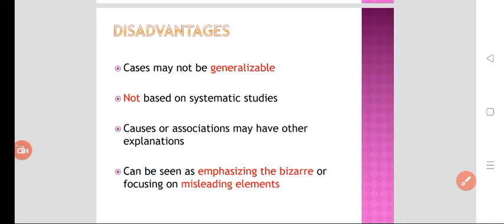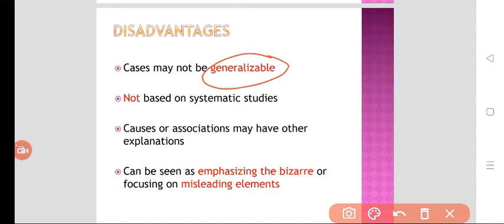But everything has its own disadvantages. Cases may not be generalizable. They do not have external validity or generalizability to the group of population. It is unique, not based on systematic studies. The etiopathogenetic mechanism is different.